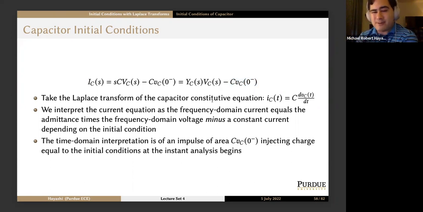If we were to interpret this in the time domain, that last term is an impulse of area C times VC of 0, which, if you check out the units, capacitance times voltage is charge by definition. So what we're doing is applying an impulse of current that injects the right amount of charge for the initial conditions at the instant analysis begins.